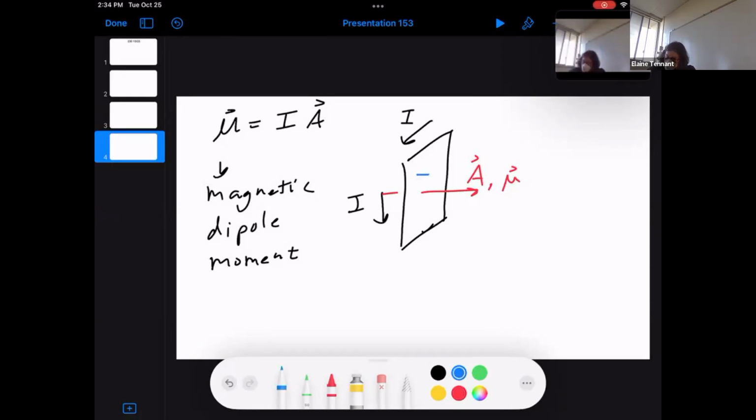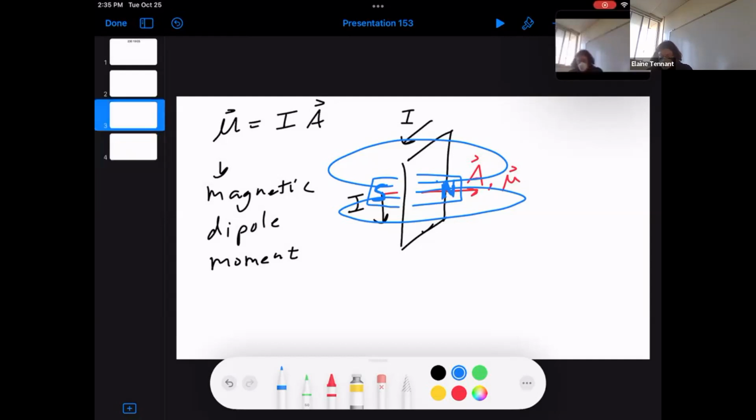You could pretend that this was a magnet with a north side over there and a south side over there. And it would have magnetic fields like that. And if you didn't know it was a loop of wire, you really would not be able to tell the difference between the two. Okay, and everyone seems pretty happy with that.